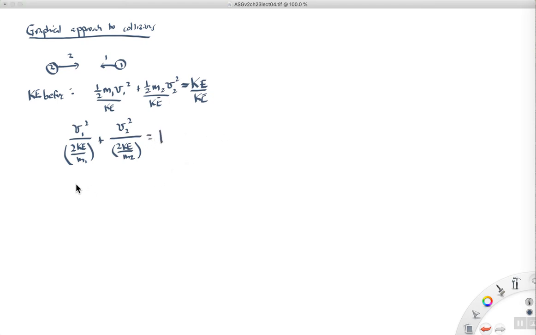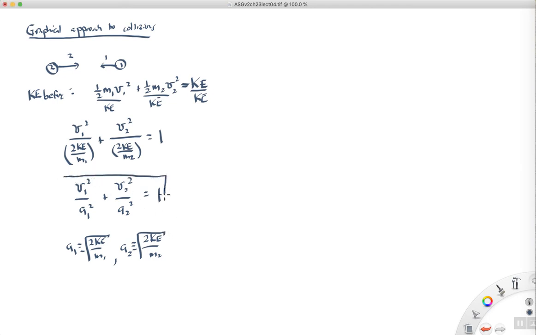And then in a suggestive way I'll write this as v1 squared over a1 squared plus v2 squared over a2 squared equals 1, where a1 is the square root of 2 times the kinetic energy over mass 1, and a2 I've defined as the square root of 2 times the kinetic energy divided by mass 2.